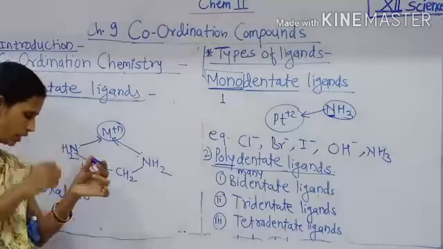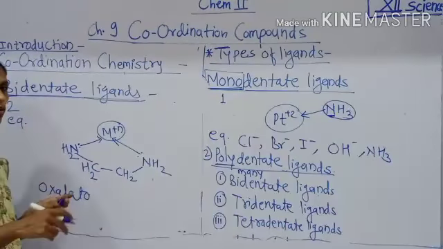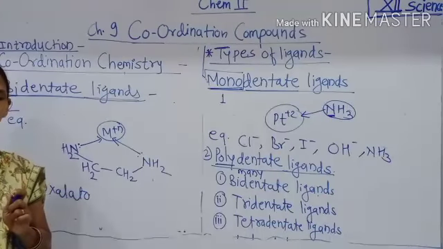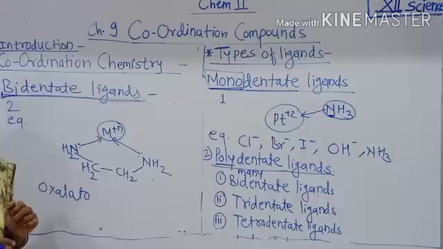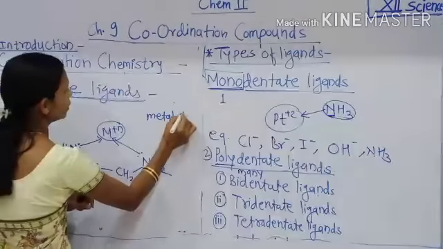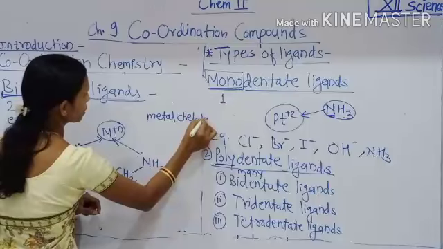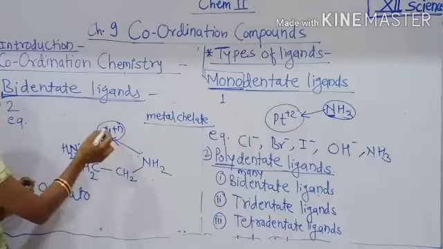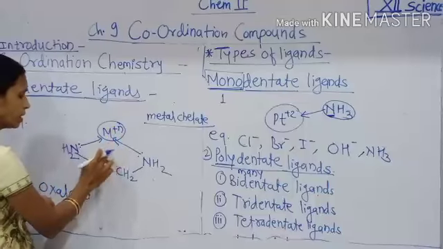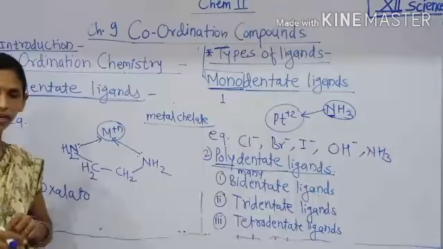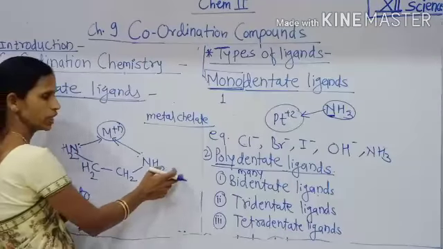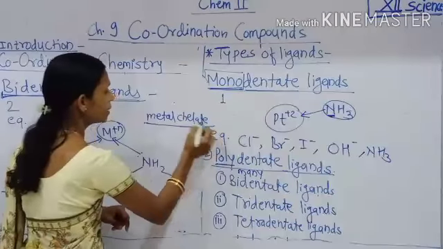When there are polydentate ligands in a complex, that type of complex is called a metal chelate. That means when the central metal ion is surrounded by bidentate, tridentate or polydentate ligands, that type of complex or coordination compound is called a metal chelate.